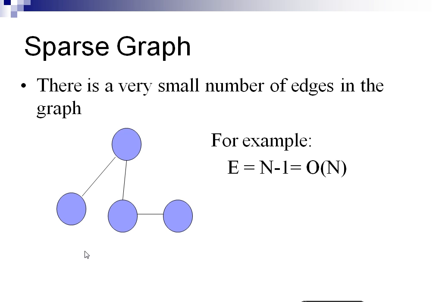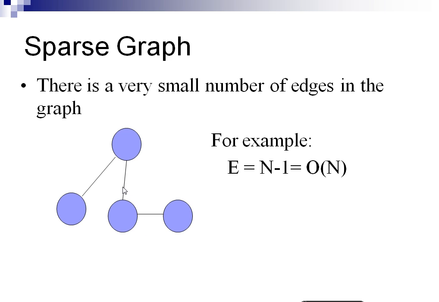See here, this is a connected graph only, but having less number of edges. So in this case we are having 4 nodes and they are connected, but not every node is connected to every other node in the graph. So the number of edges are less here.